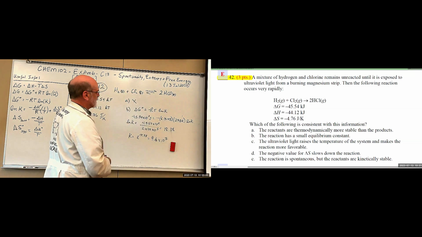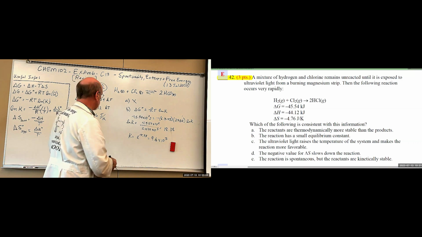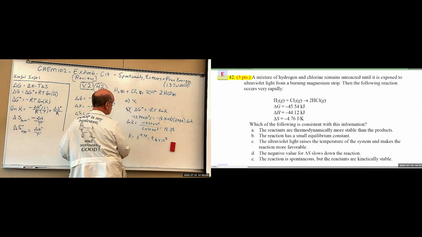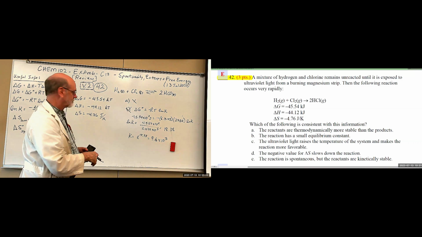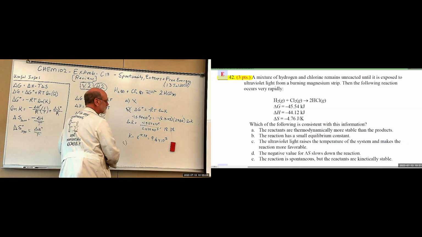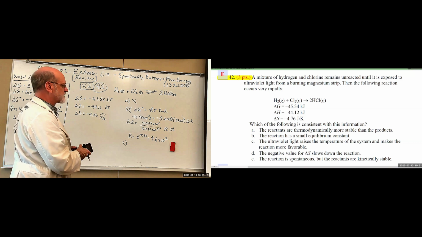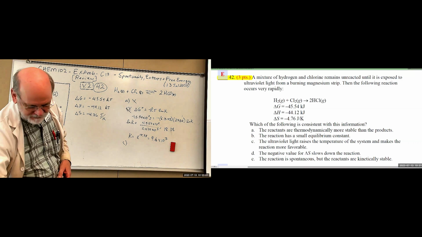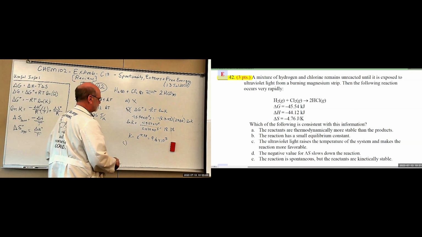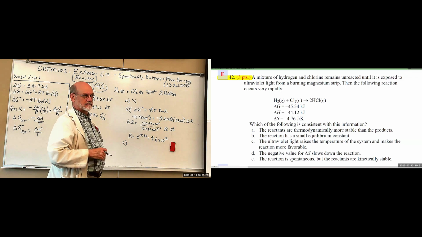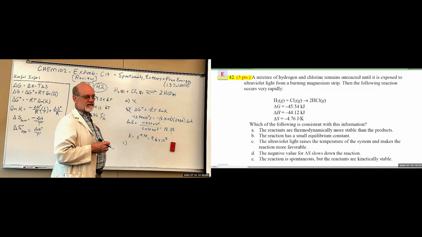Okay, so B, the reaction has a small equilibrium constant. No, it's got a huge equilibrium constant. How about C? The ultraviolet light raises the temperature of the system and makes the reaction more favorable. Does it? No, there's no heat transferred into that vessel.